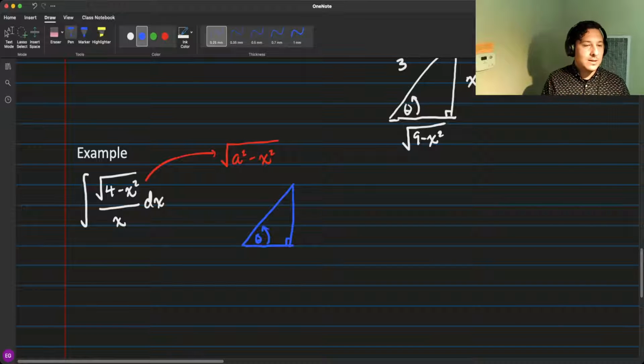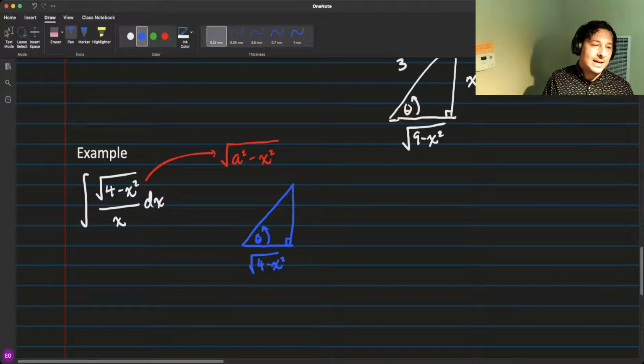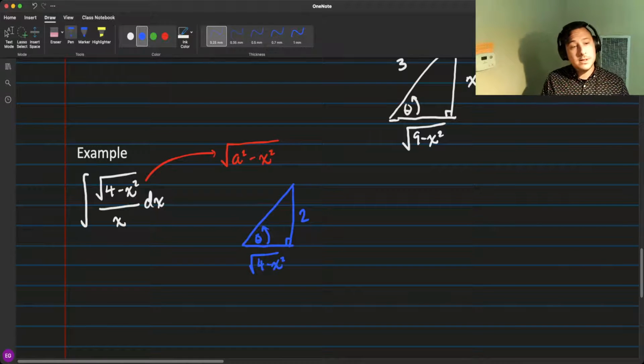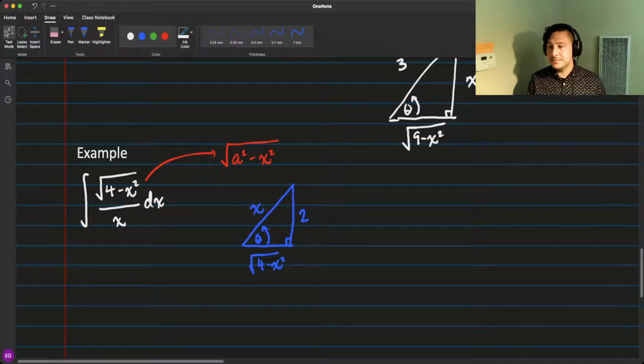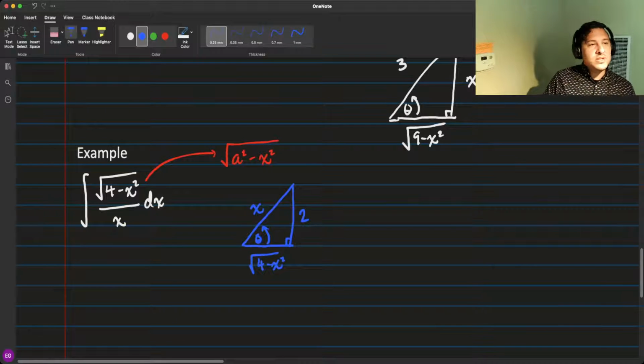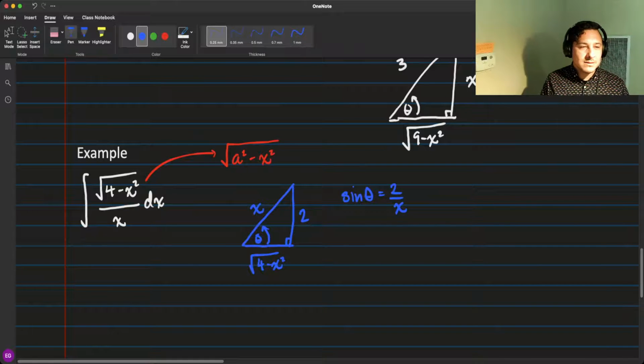So this right here is your 4 minus x squared, which means you have this height, which will be 2, and this hypotenuse, which will be x. Which means you get a variety of substitutions that you'll be able to make. We know that the sine of theta equals 2 over x.